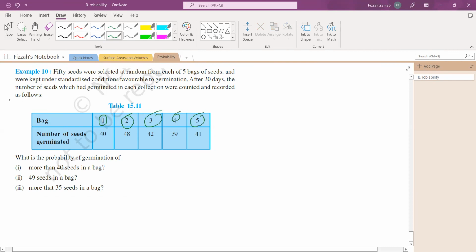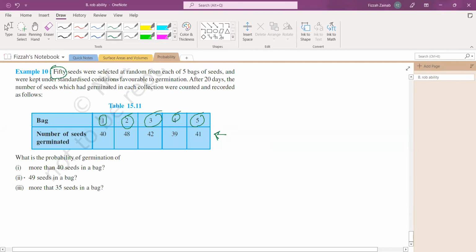Now, in each bag, the number of seeds which have germinated are as follows. Can you see this? Yes, ma'am. Okay, so basically 50 seeds they have taken, and out of 50 in bag number 1, only 40 have germinated. In bag number 2, 48 have germinated. It's like that. Is it clear?